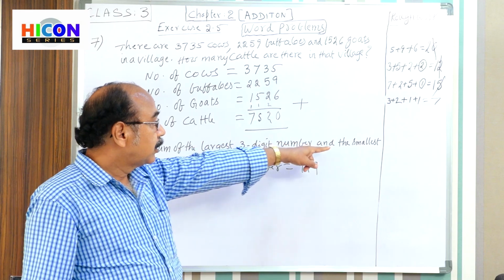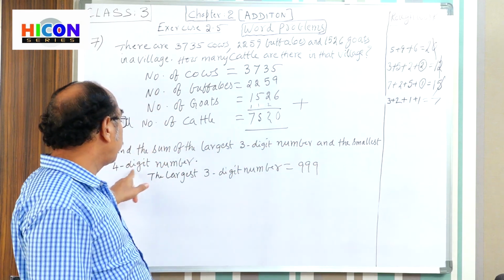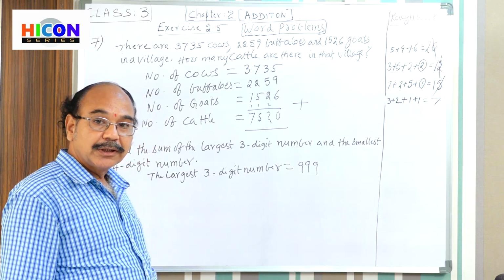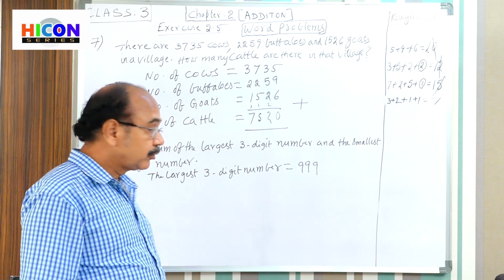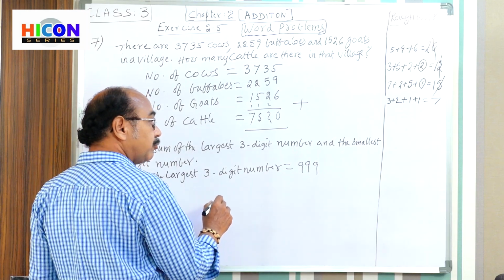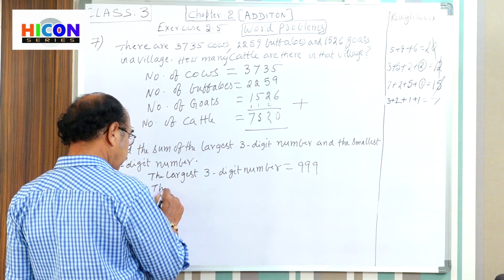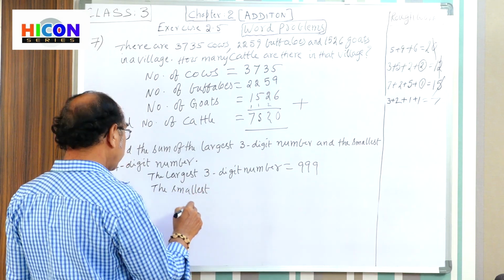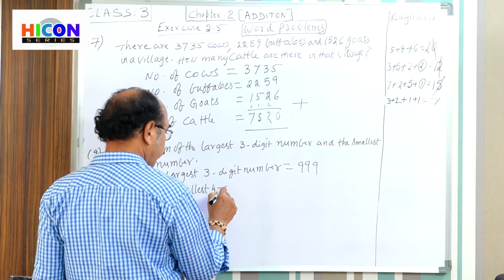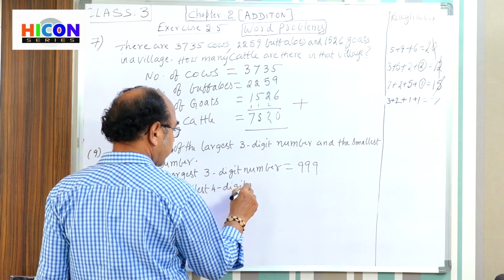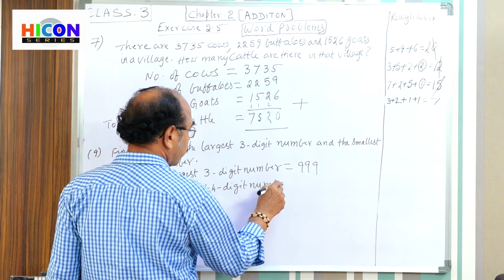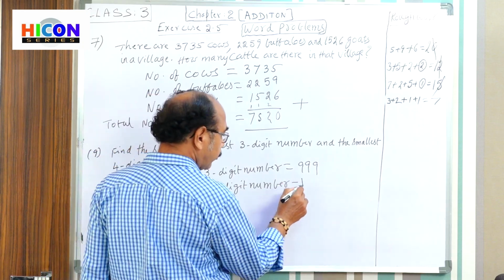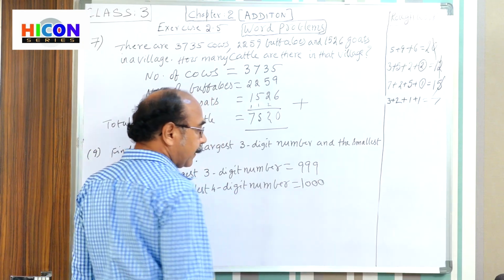Now, read here the smallest 4-digit number. What is the smallest 4-digit number? 1000. So, we write the steps. The smallest 4-digit number is 1000. Okay.